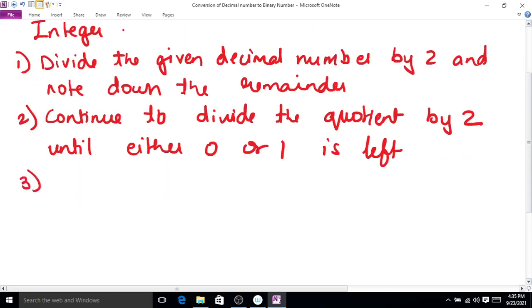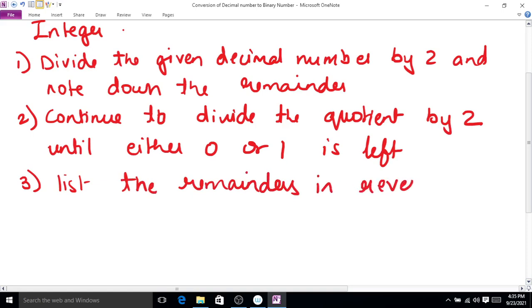Then third step, list the remainders in reverse order.